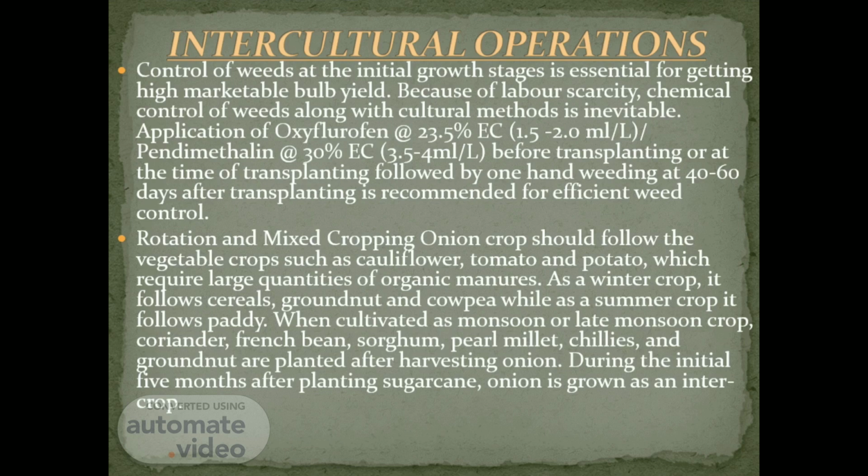When cultivated as monsoon or late monsoon crop, coriander, French bean, sorghum, pearl millets, chilies and groundnut are planted after harvesting onion. During the initial 5 months after planting sugarcane, onion is grown as an intercrop.